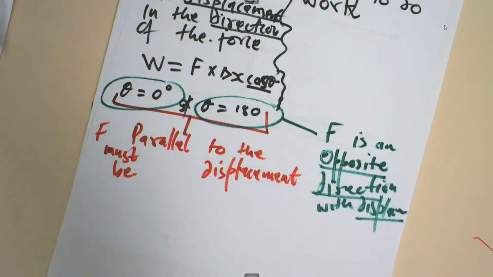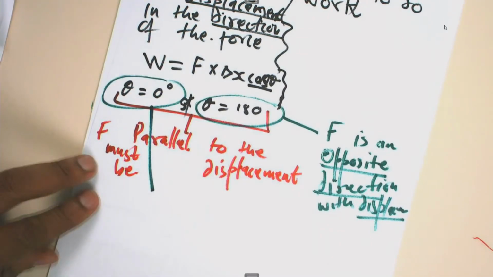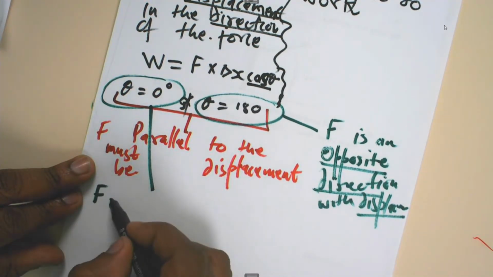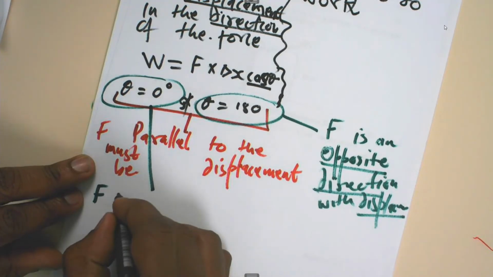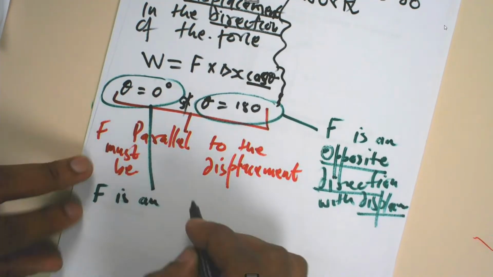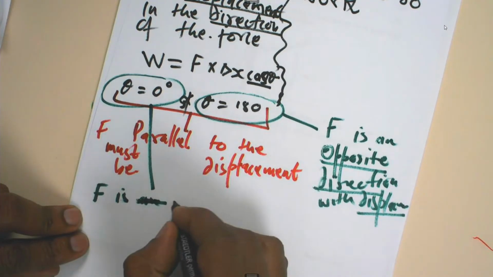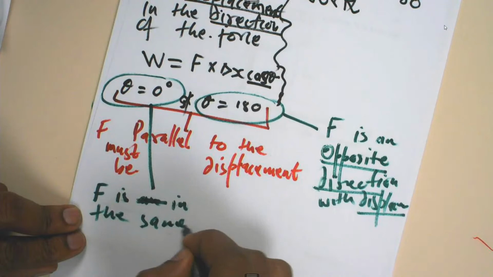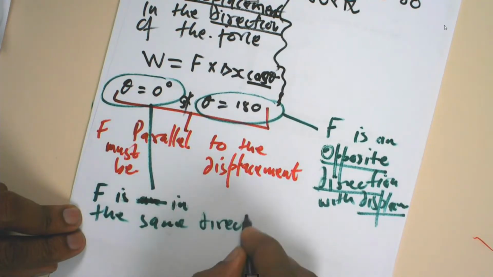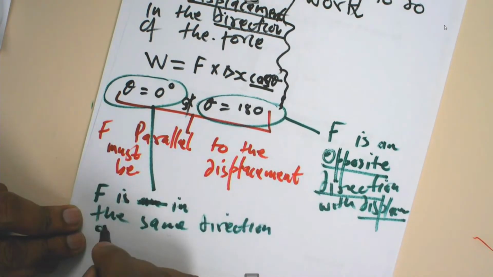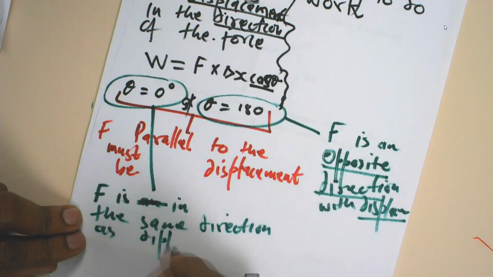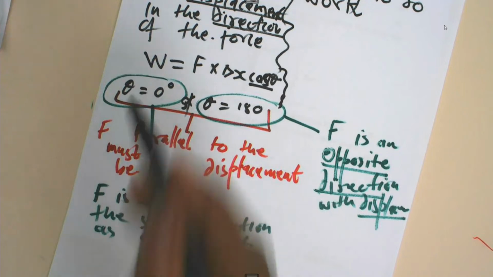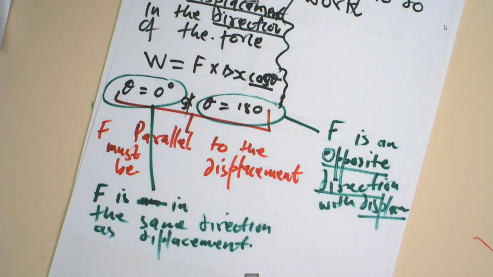And then for me to use 0, F is in the same direction as displacement. Then I can use my 0.